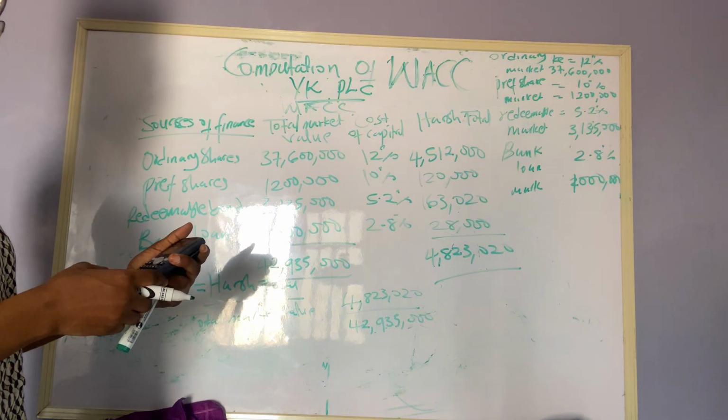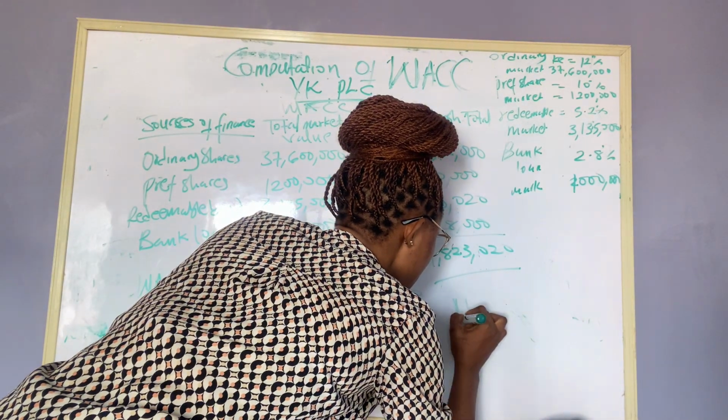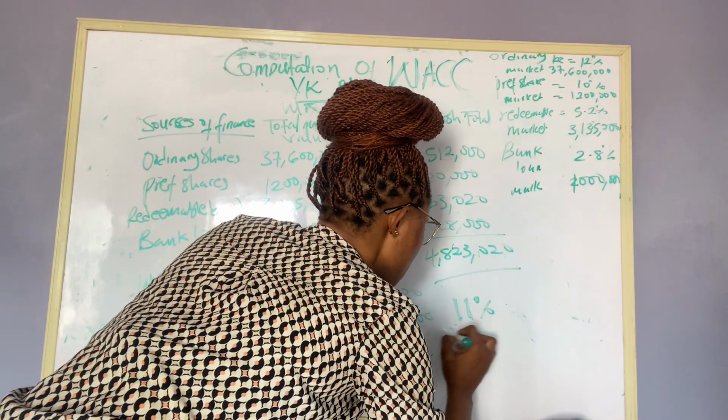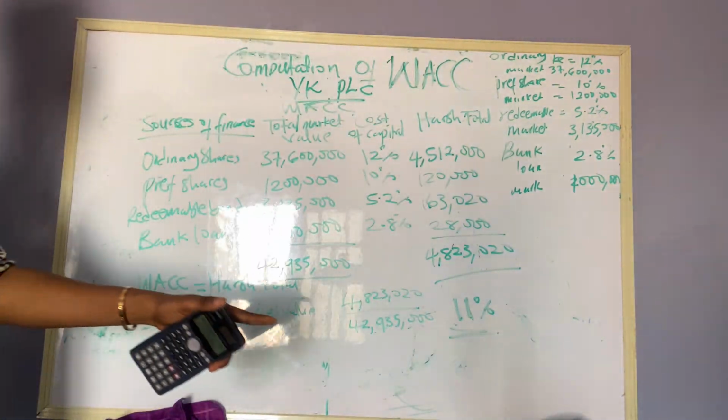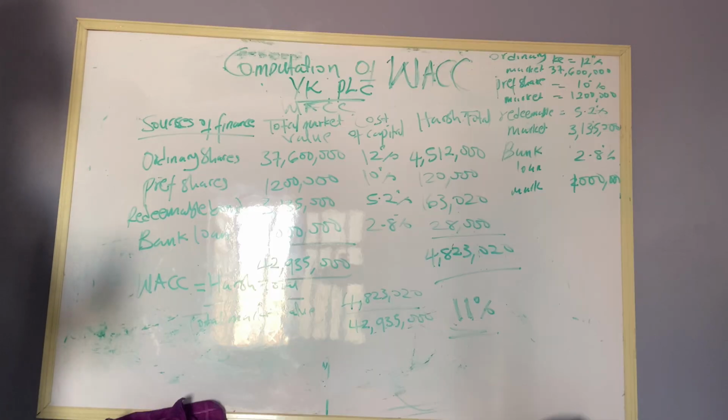Times 100, we have 11%. This is our WACC, the weighted average cost of capital.